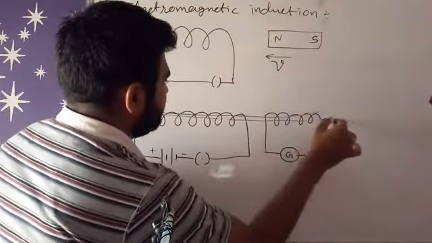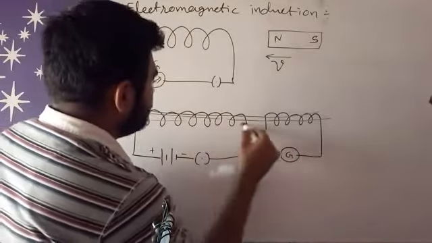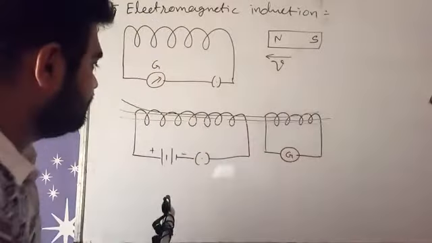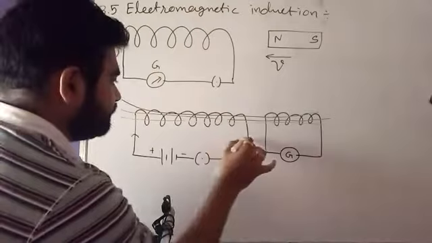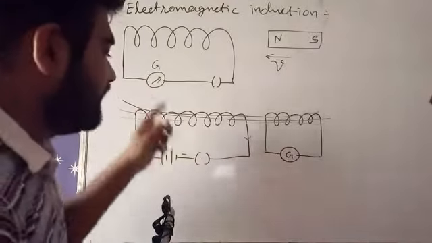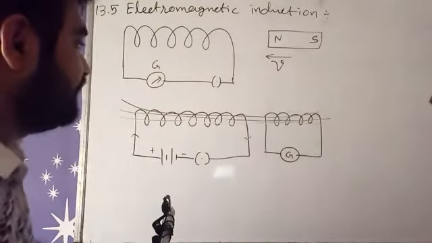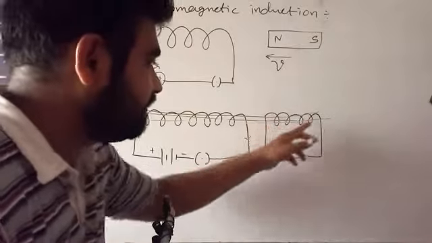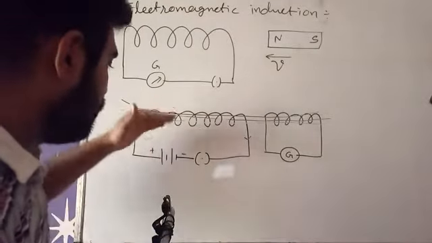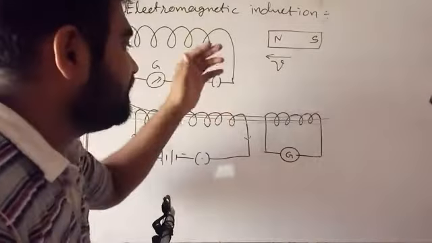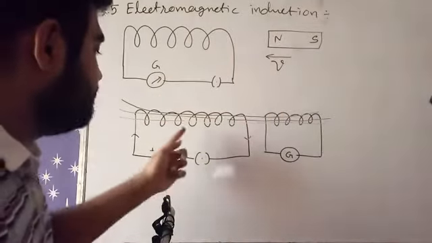Magnetic field is produced because current is flowing, and that magnetic field is linked with the second coil. Note that constant current does not give us EMF here, only varying current.